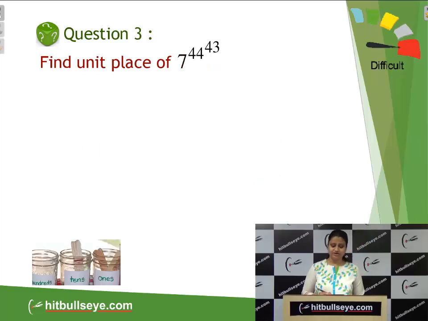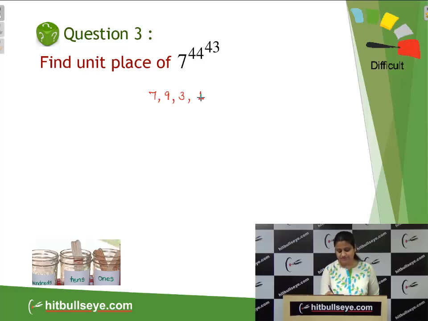Now this is a difficult question. It says find the unit place of 7 raised to power 44 raised to power 43. As we have discussed the cycle of 7 in the previous question, it was 7, 9, 3, 1. It means we are getting a cyclicity of 4. So simply we will take the power, which is 44 raised to power 43, and divide it by 4, the cyclicity here.